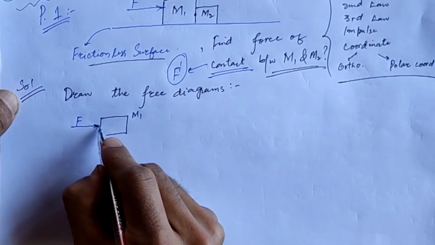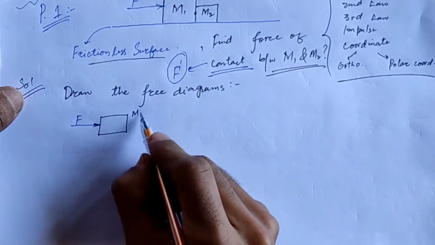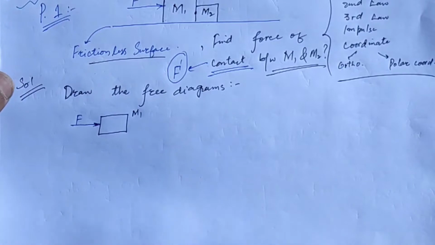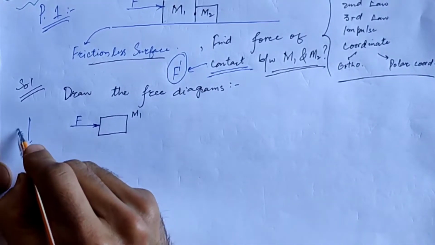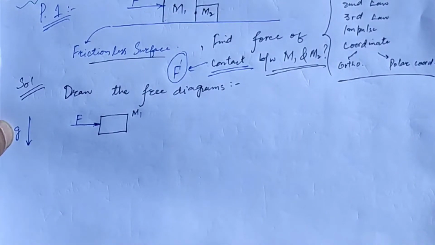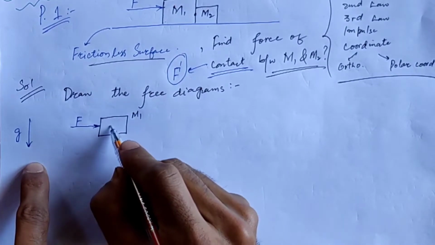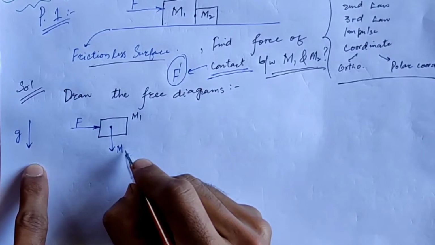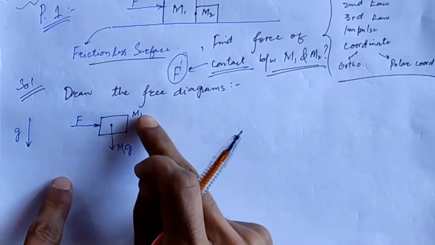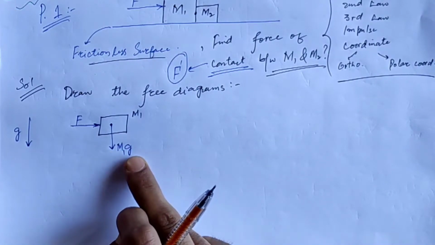So this is the force F. Another force: since it has mass m1, there will be a downward force exerted by gravity, the gravity of the earth. Gravity is always downwards, so this body must possess some weight, and that weight will be the downward force equal to m1g, the mass m1 multiplied by gravity.